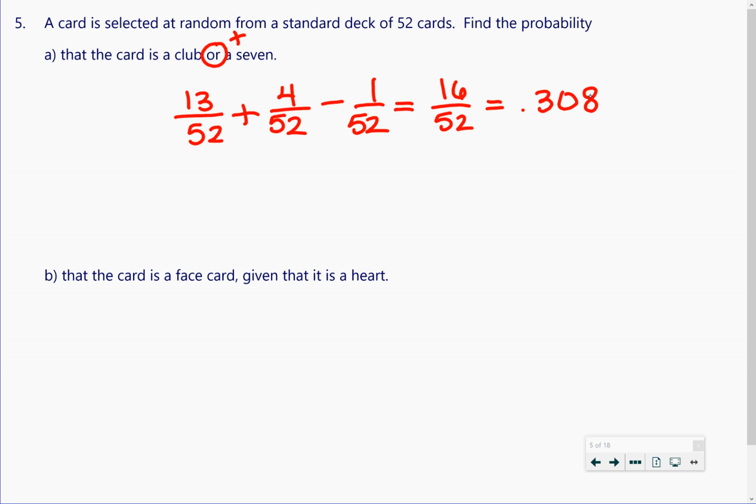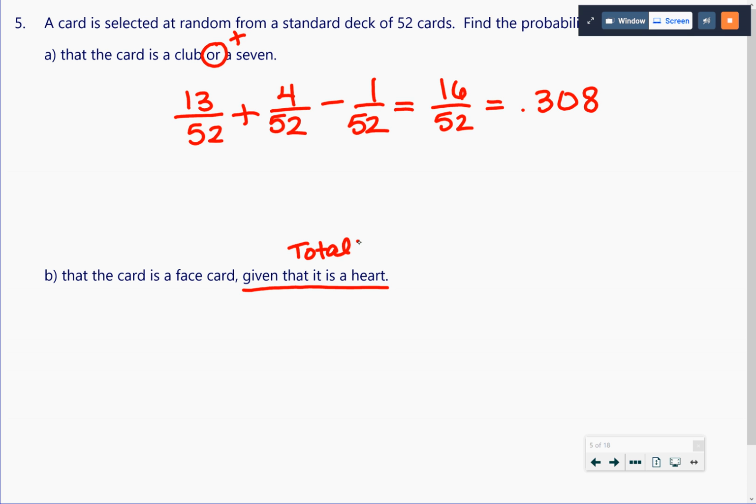Find the probability that we get a face card given that it is a heart. Whatever you are given, we are assuming that that is the total group. So we know it's a heart. How many hearts are there? There are 13. So we are no longer looking at the entire deck of 52. We're just looking at the 13 hearts.